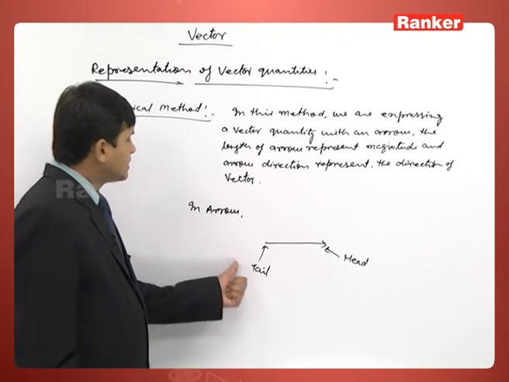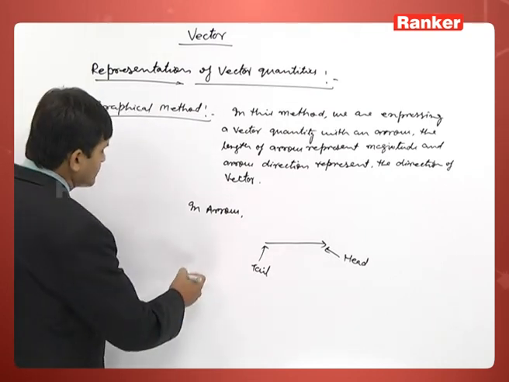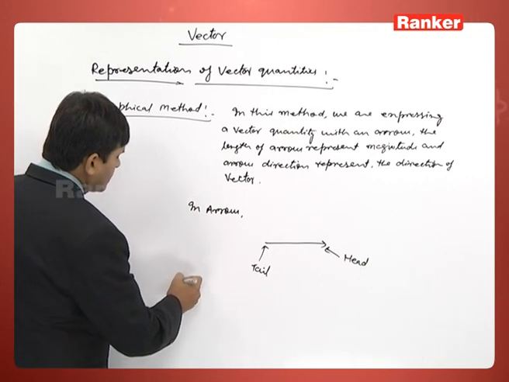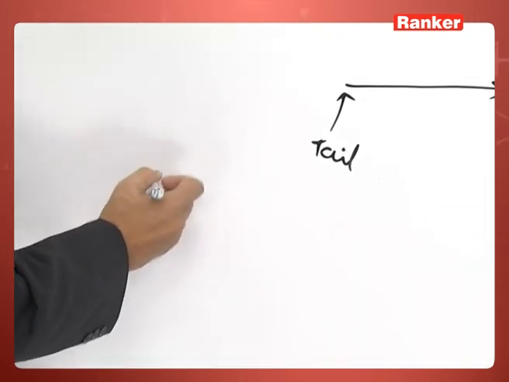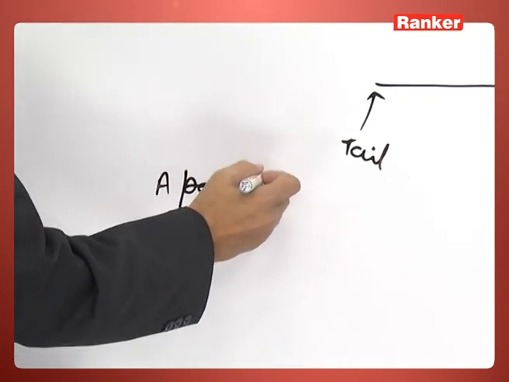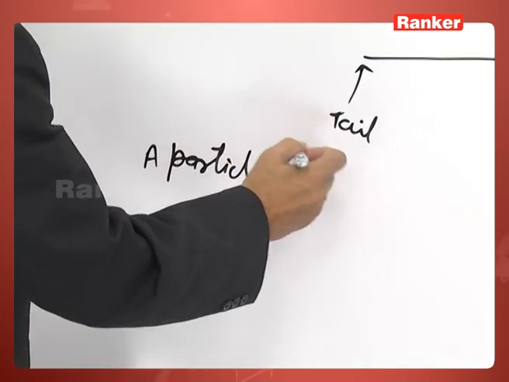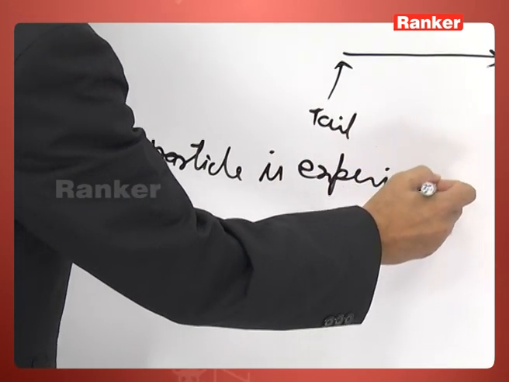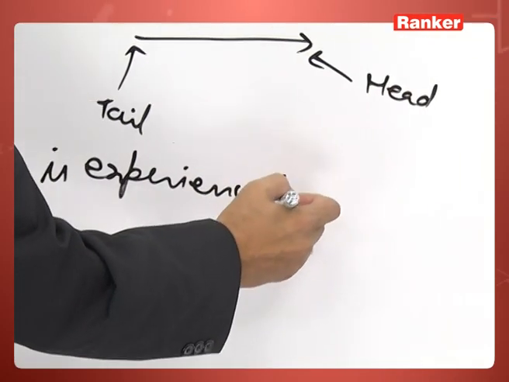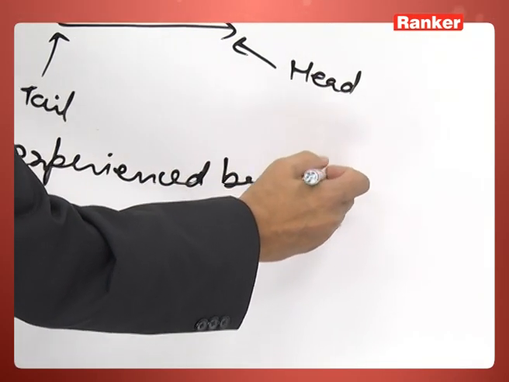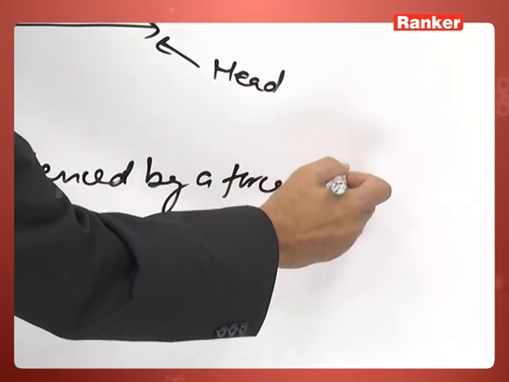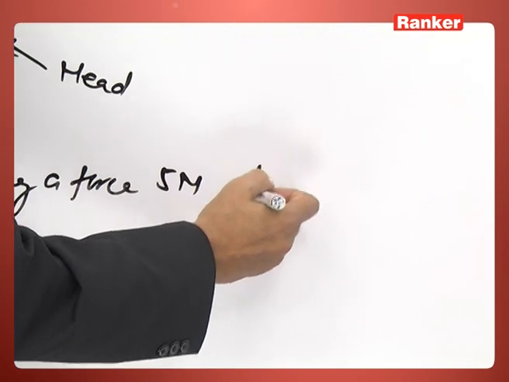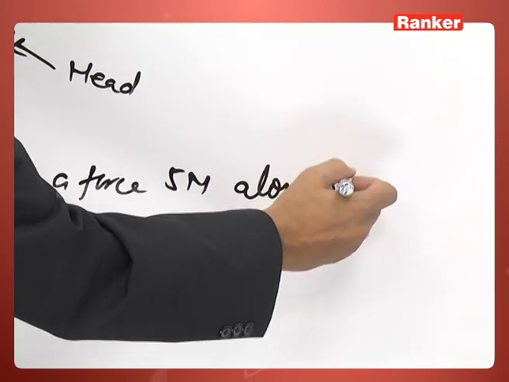Now another example. Suppose a particle experiences a force of 5 Newton along the horizontal direction.